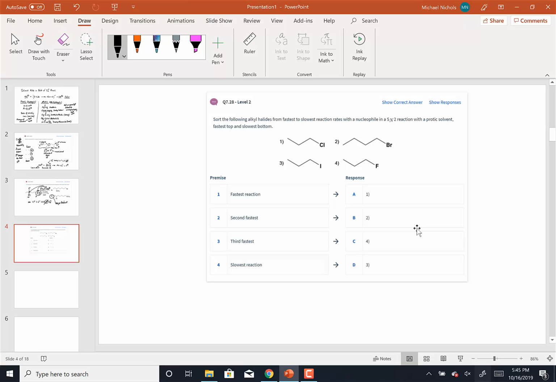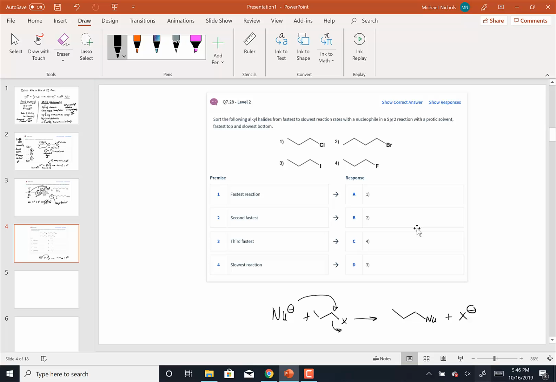So in this case, what am I doing? I'm taking a nucleophile again. I'm going to react it with a propyl halide. The nucleophile is going to come in, kick off the halogen. I'm going to end up replacing the halogen with the nucleophile, and then the halide ion is going to be the leaving group.